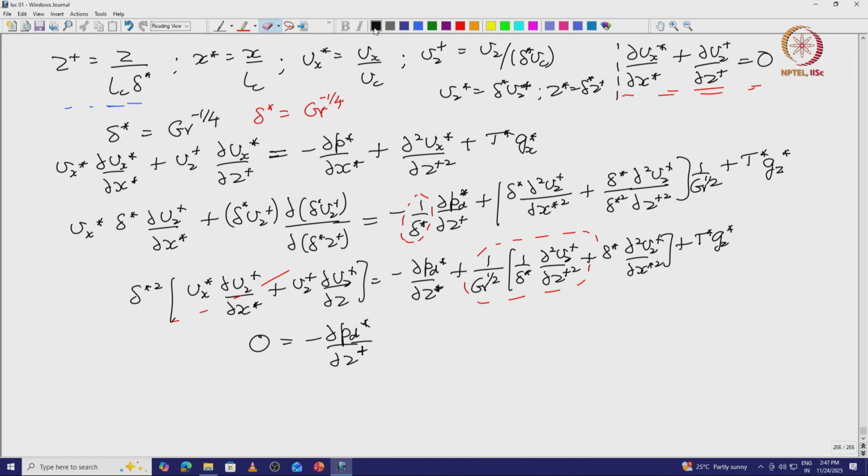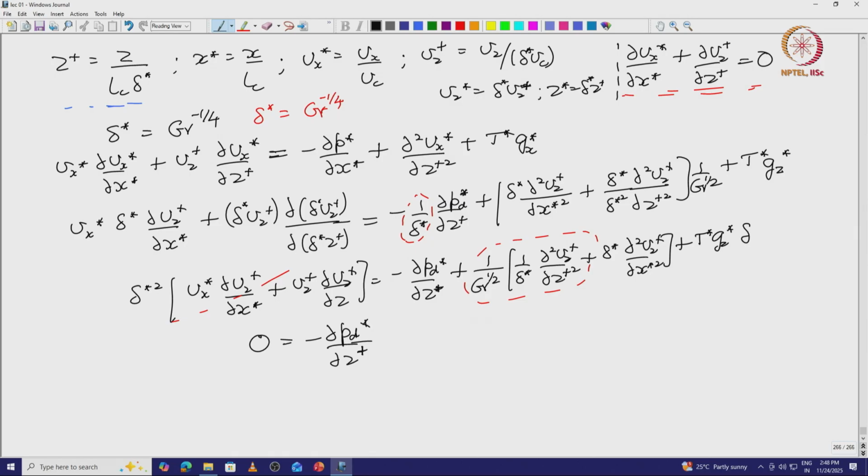There should be a delta here as well. When I multiply throughout by delta, I should get a delta here as well. So, the body force is also proportional to delta or Grashof number power minus 1/4. So, the only term left in this limit is the pressure gradient.